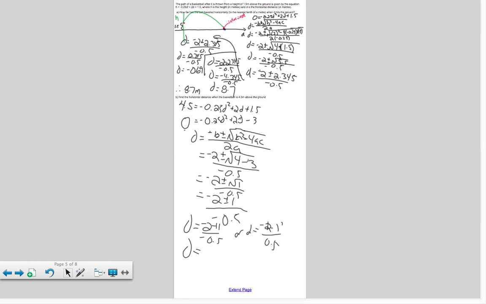Negative 2 plus 1 gives us a negative 1 over negative 0.5, so D is equal to 2. And here D is equal to negative 3 over negative 0.5, which gives us D is equal to 6.